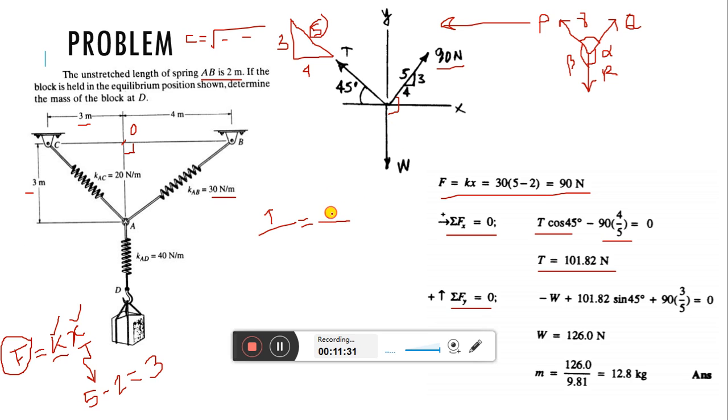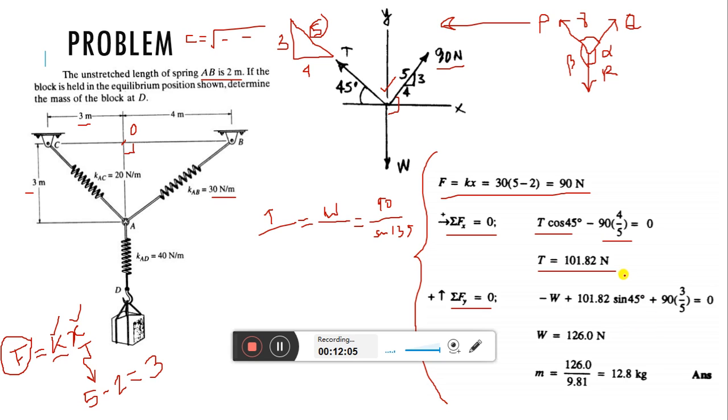And W by sine of this angle, that is equal to 90 by, and how much is this angle? 90 plus 45 degree, so 135 degree. So sine 135 you write. So if you solve this equation, then also you can find out the values of W and T. So just follow this method which we were already discussing.